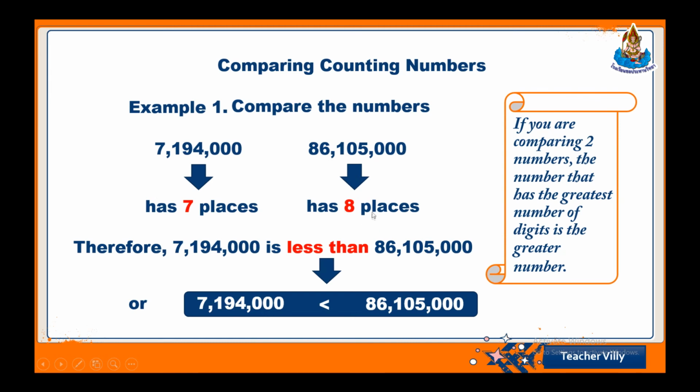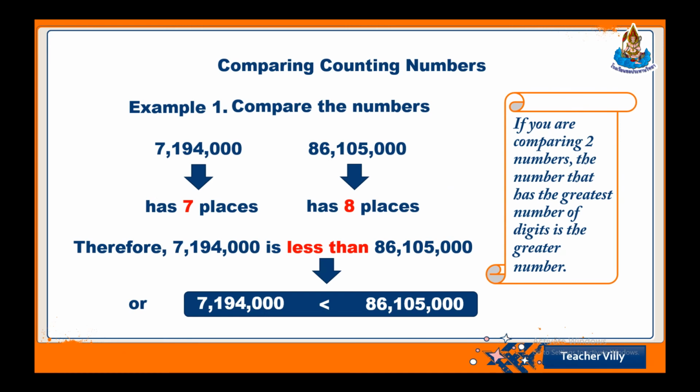Which is bigger, 7 or 8? Right, it should be 8. Therefore, 8 is the greatest number of digits, so it's the greater number. Get it?